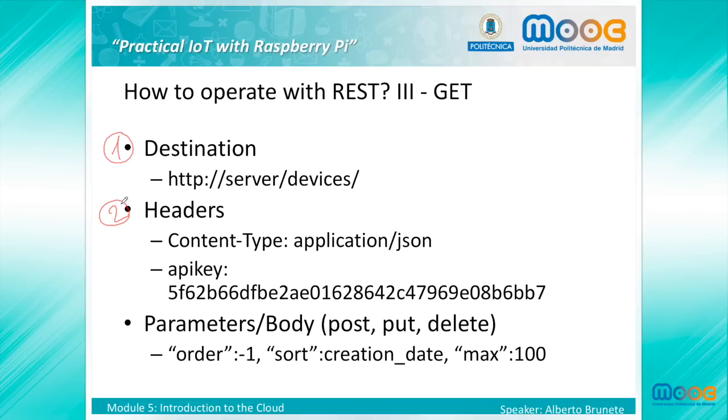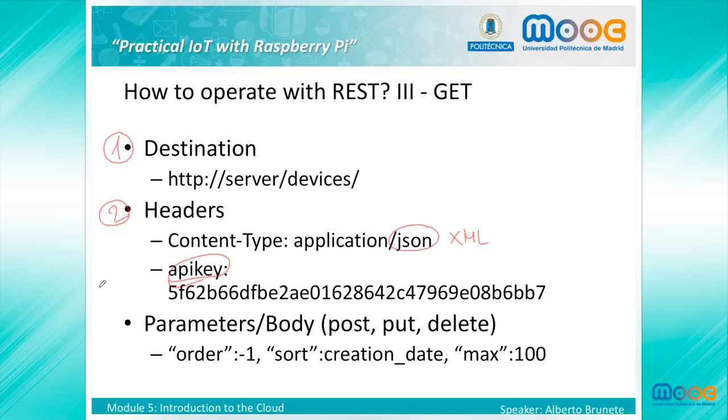For example, content type, if it's JSON or if it's XML. And normally also the key to access the data, normally called API key. So not everybody can access the data, only those who know the API key.